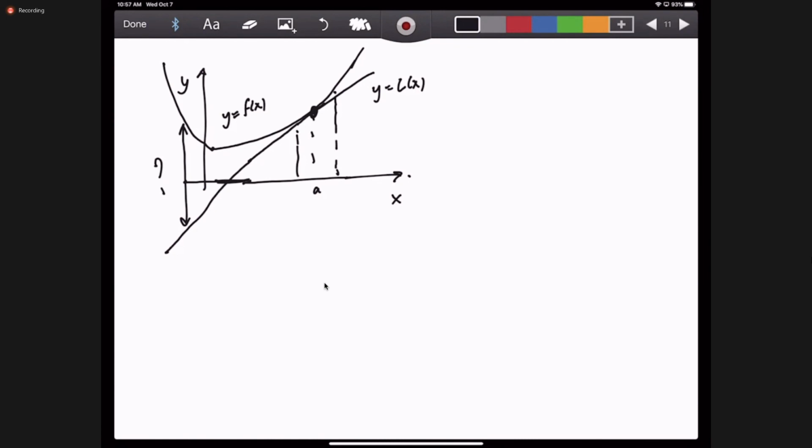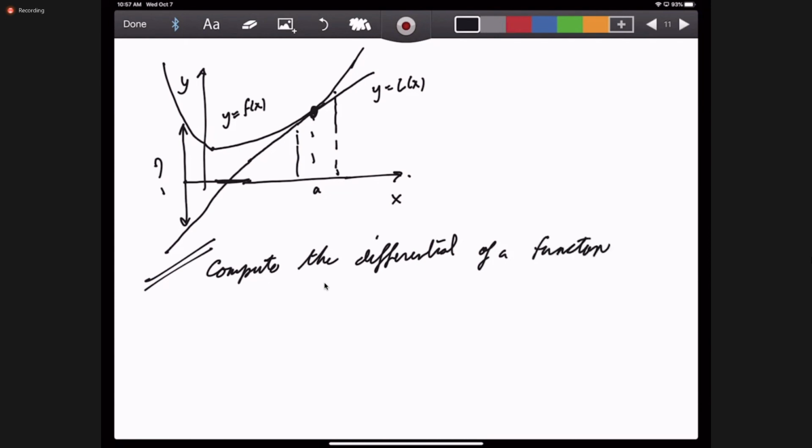Time is limited here, so you just want to do one more calculational thing. If you're asked to compute the differential of a function, that shows up in exercises 25 through 30.